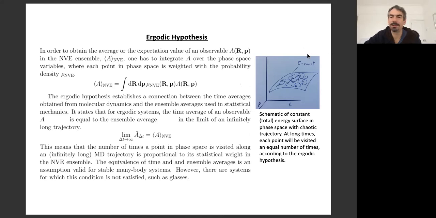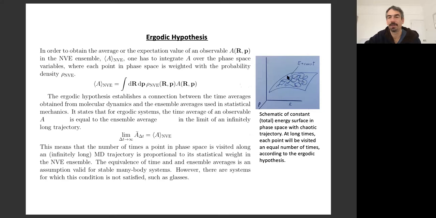And now why is this actually true? Well, we know that Newton's equation of motion preserves total energy, right? Total energy doesn't get lost when you do Newton's equation of motion. So when we do an MD simulation and draw this isosurface of the total energy in our phase space, P and R, what our MD simulation is doing is following a chaotic trajectory on that surface.